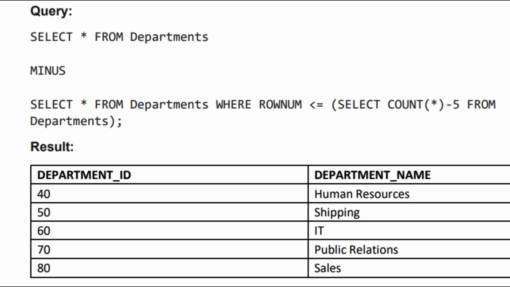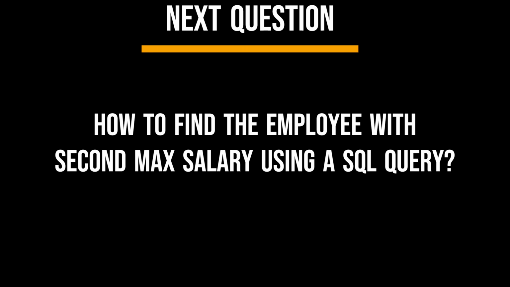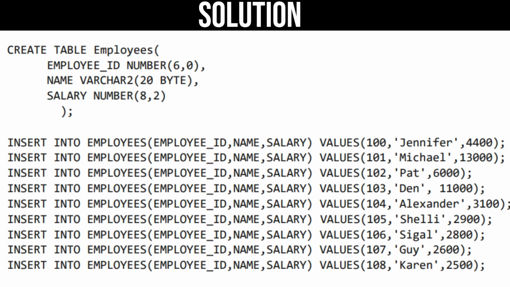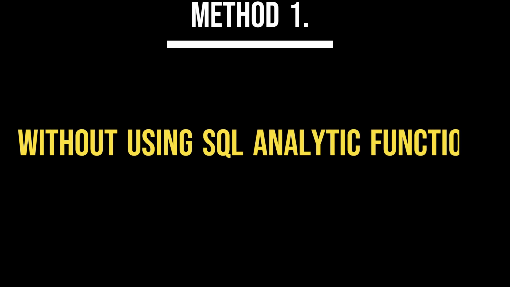Next question. How to find the employee with second max salary using a SQL query. Solution. Consider the below employees table as the source data. Method 1. Without using SQL analytic functions.